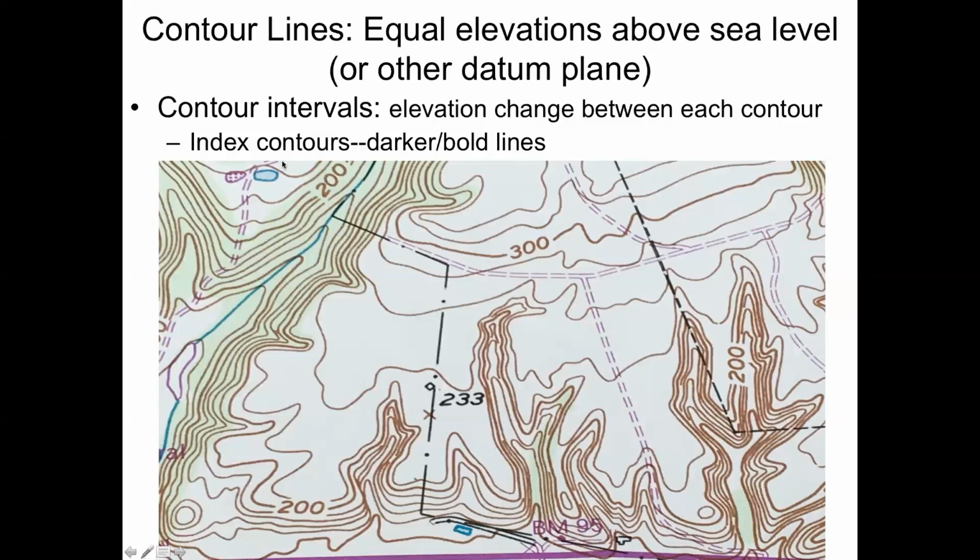The index contour interval, however, between two consecutive index contours is 100 feet. Okay, so every single line represents 20 feet of change of elevation, but between our index contours on this map, and it may be different on the maps that you're going to be using for your handout, the index contour interval is 100 feet from one index contour to the next.